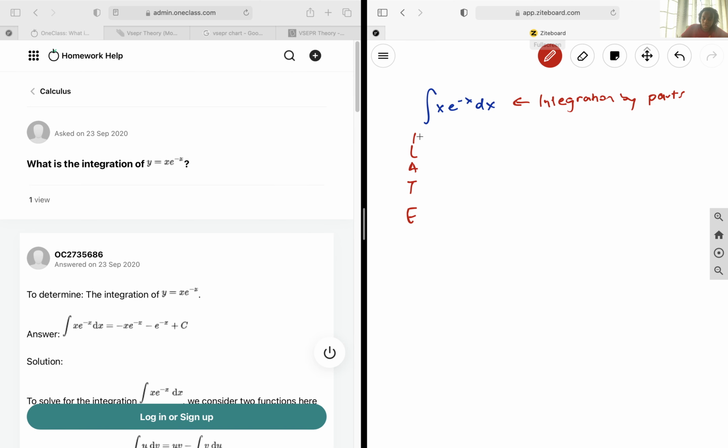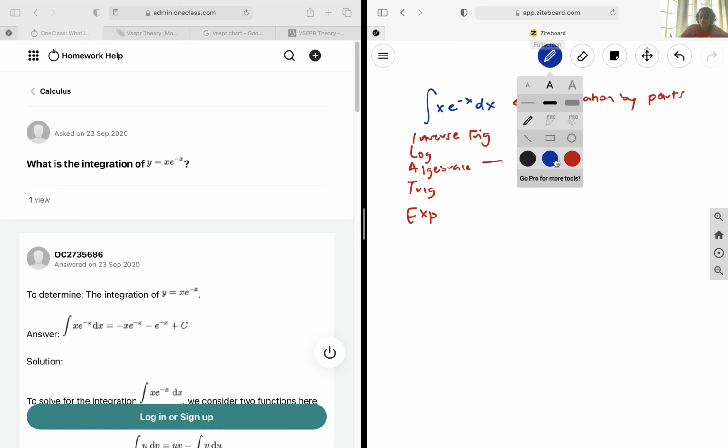And so inverse trig, log functions, algebraic functions, trig functions, and exponential functions. So the first thing I see here is the algebraic before I hit the exponential. So what that is going to mean is that u is going to be equal to x, and dv is going to be equal to e to the minus x dx.